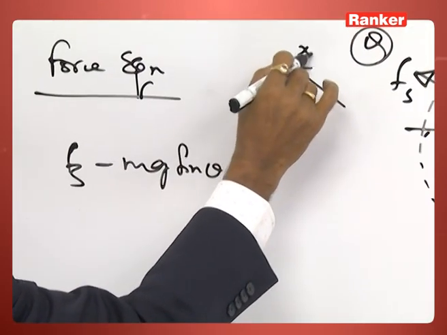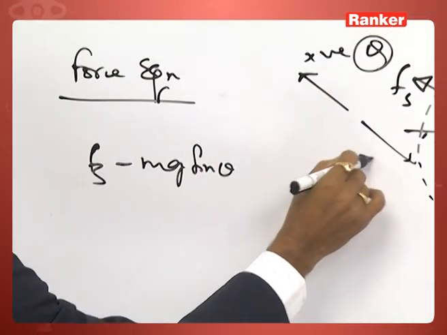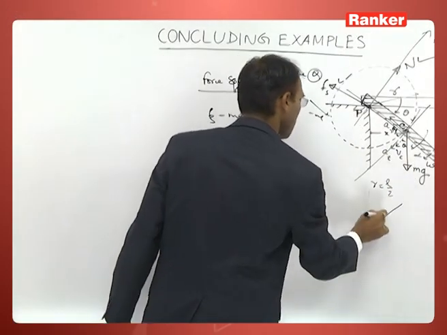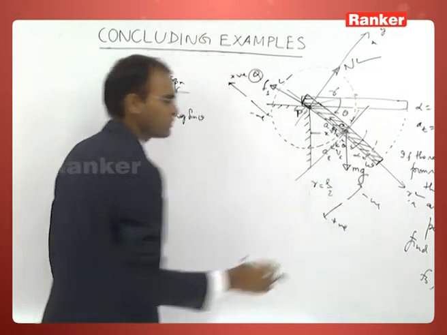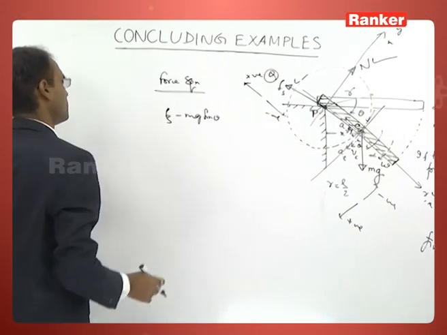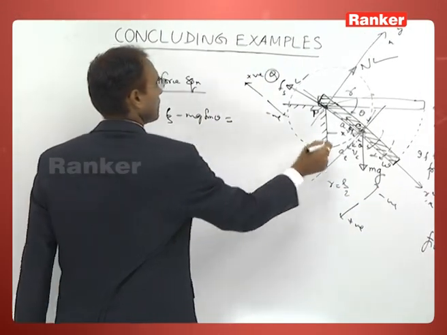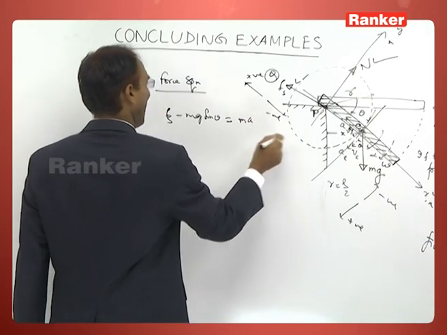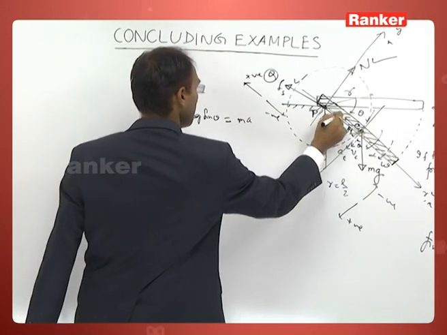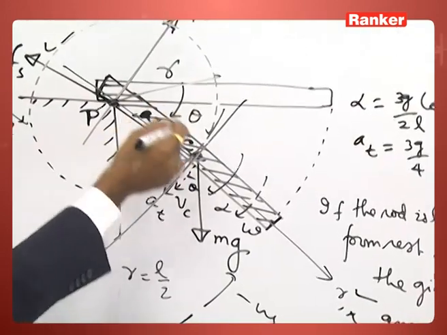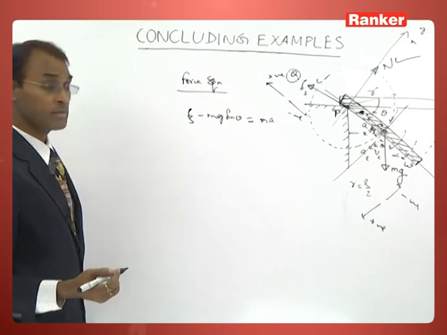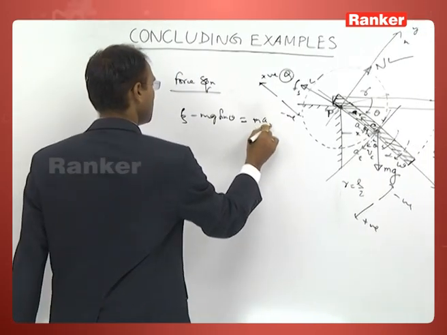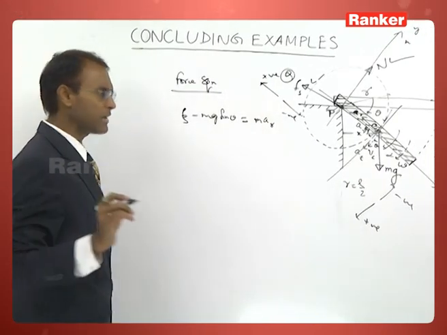Let us assume that this is positive and this is negative. Is equal to m into acceleration of the center of mass along radial direction. Since it is moving in circular path, the center of mass should accelerate towards the center of the circular path with an acceleration that is called radial acceleration or centripetal acceleration.